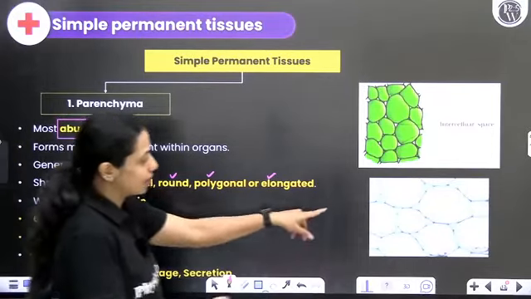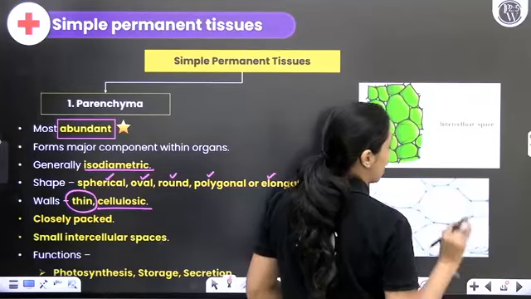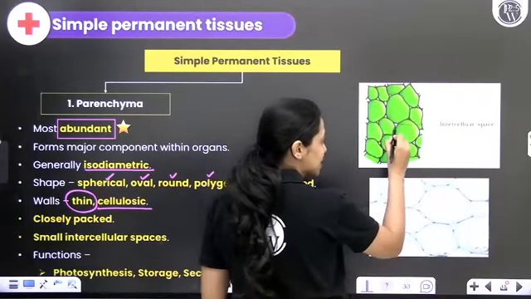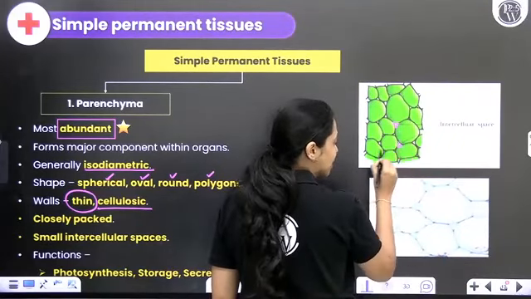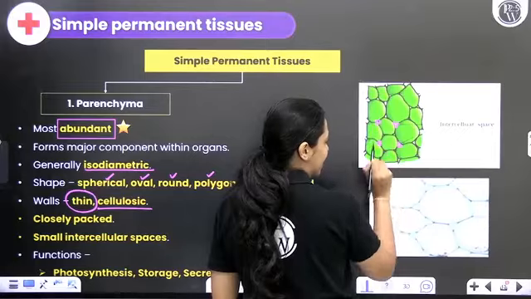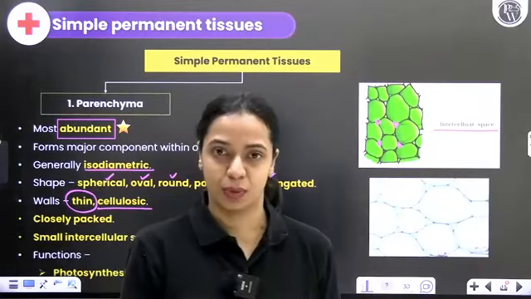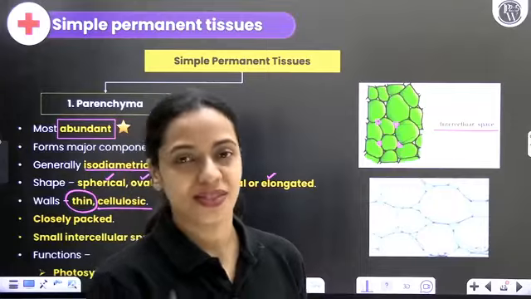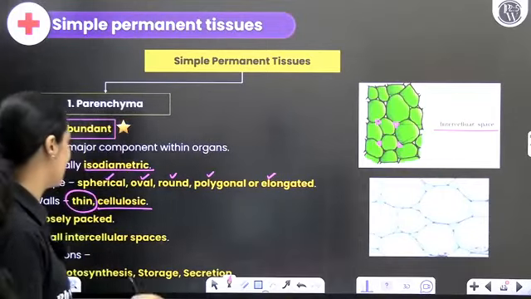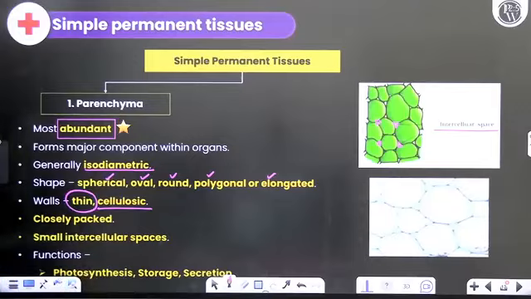Here the cells are arranged very close to each other, they are closely packed. However, some spaces will be present between the parenchyma cells. We call them intercellular spaces. Inter means in between. In between the cells, the spaces present, that is your intercellular space. Okay, small intercellular space is present.